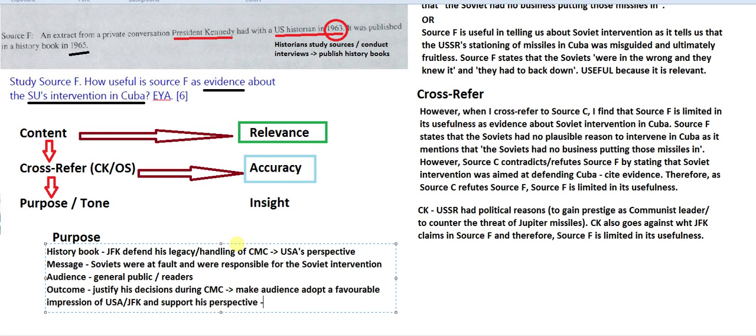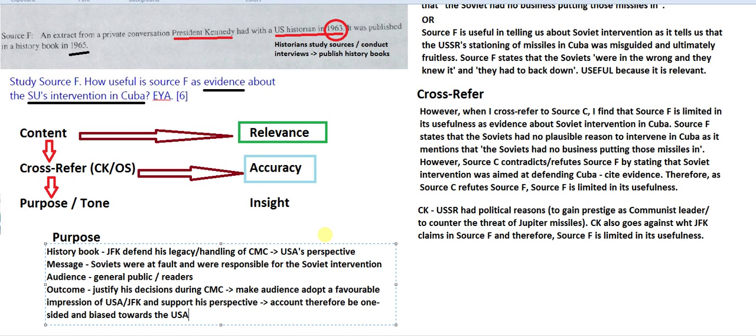And because of that, how does that affect the accuracy or maybe the relevance or insight? In this case, because he's trying to justify his own decisions to get people to support his perspective, his account would therefore be one-sided. He wouldn't paint the USA in a negative light. He would only be very one-sided in his interpretation. And when it's one-sided and biased, of course biased towards the USA, because he paints a negative picture of the Soviets, that they had no reason to intervene at all.